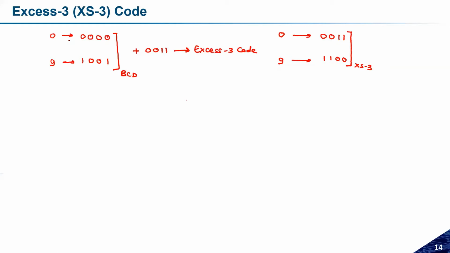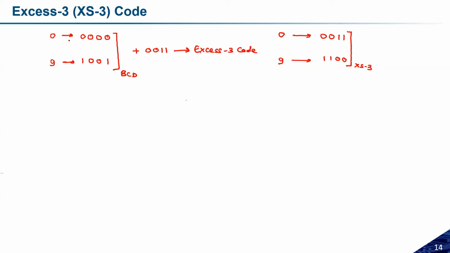Now one more important thing: in the BCD code, we had 6 invalid numbers, from 1010 to 1111. Similarly, because the Excess-3 code is an extended version of the BCD code, here again we will have 6 invalid numbers, but they are not the same as in the BCD code.